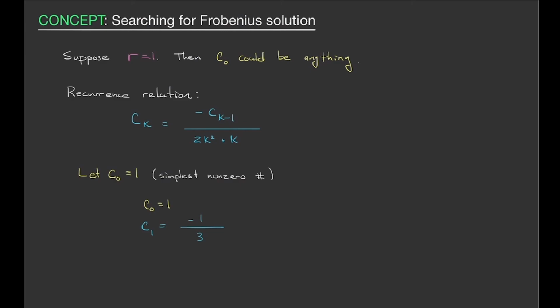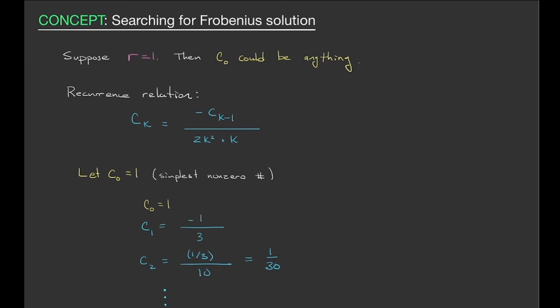That would give us that c1 is equal to negative 1 divided by 3. And then again, we can get c2 from c1. We could get c3 from c2, and so on. We can go as far as we want. But say we know that we can get as many terms as we like. We have that information, we just won't explicitly write it out right here.